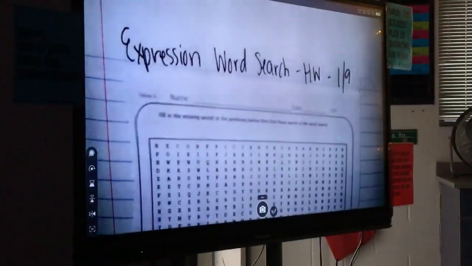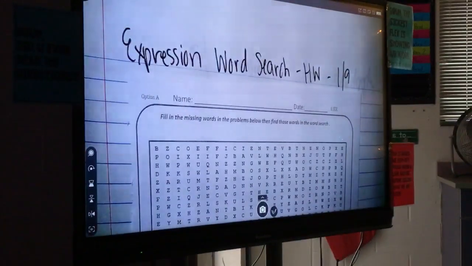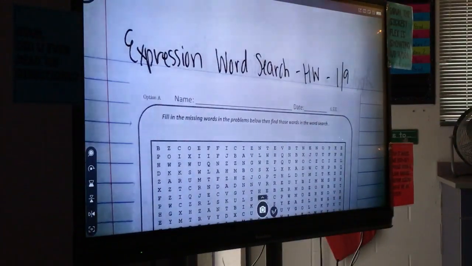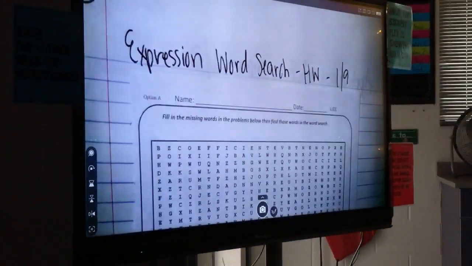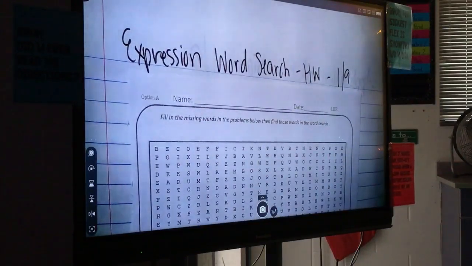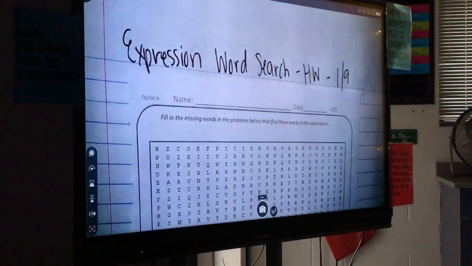All right, go ahead and title the next blank left page: expression word search, homework, and then today's date. And I'm going to quickly discuss with you your homework because it's more than just the word search. Thumbs up when you have this copied down.